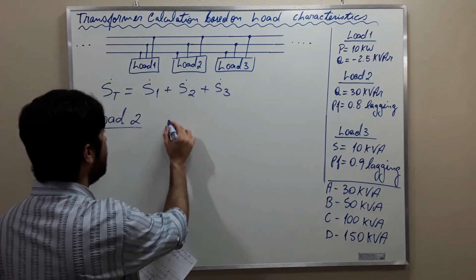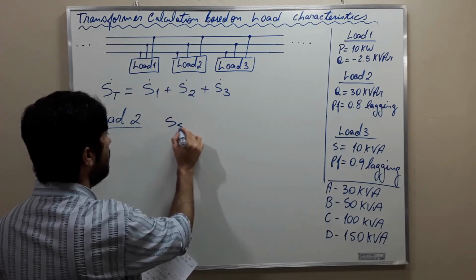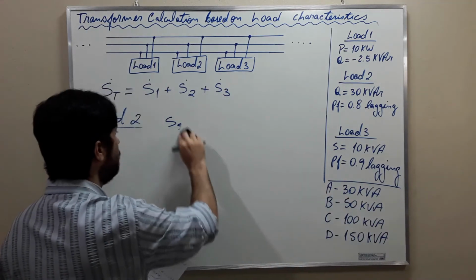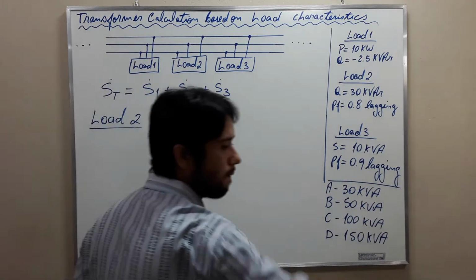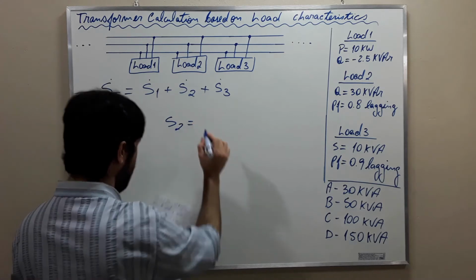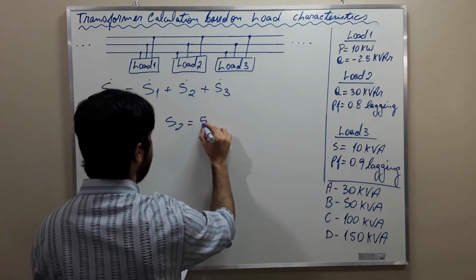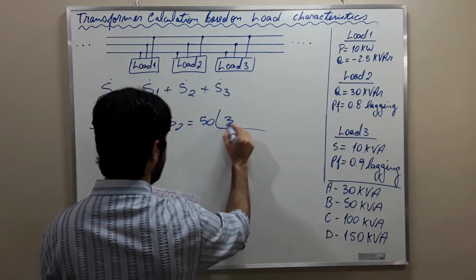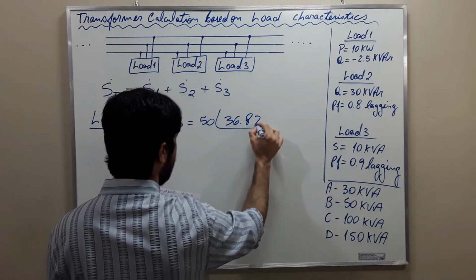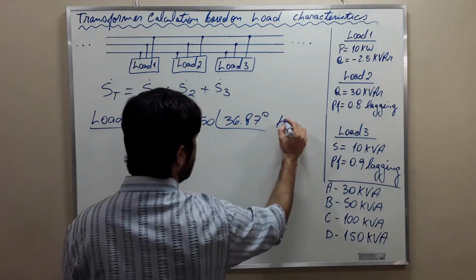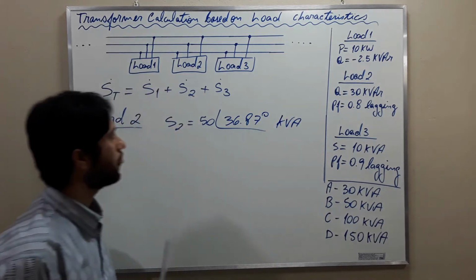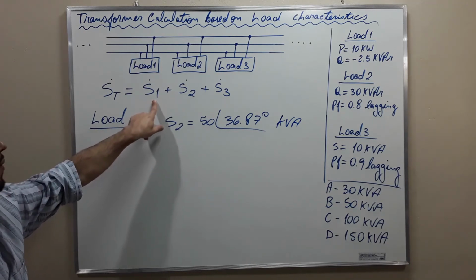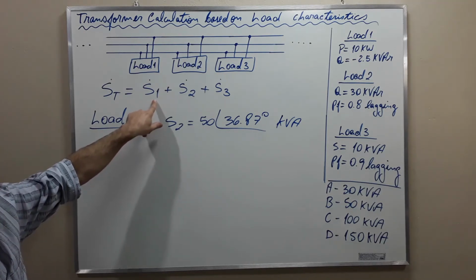So the complex power 2 is, as we calculated, 50 phase 36.87 degrees kVA. Okay.